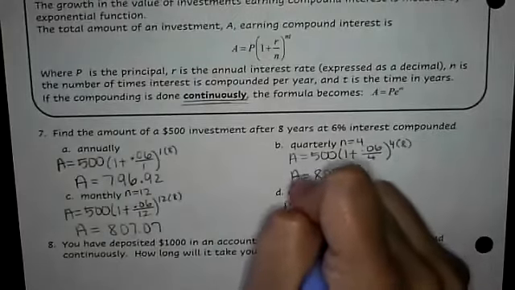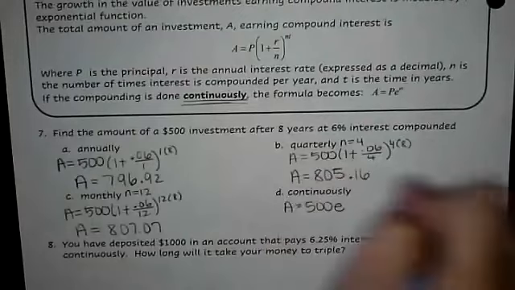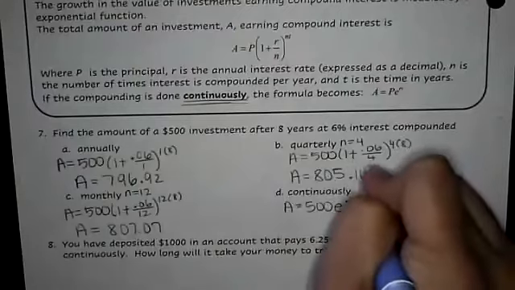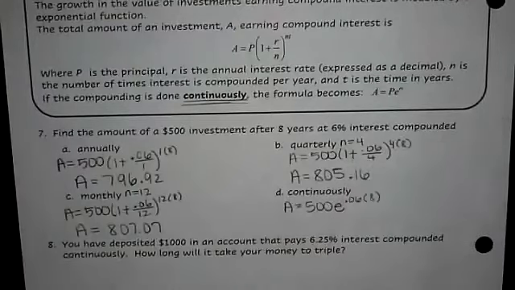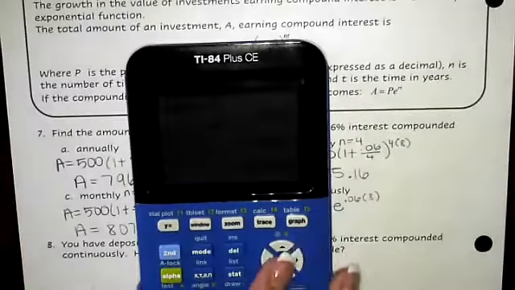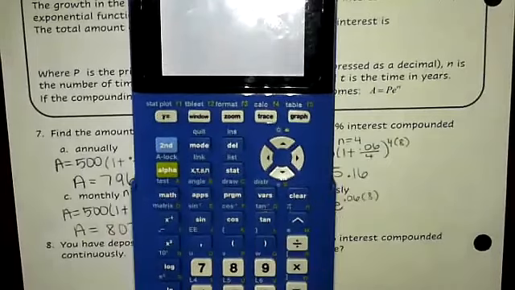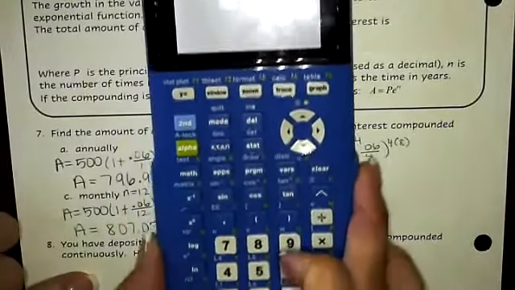So we get our amount is equal to 500 e, which is a number, raised to the 0.06, which is the rate, times time, which is the 8 years. When you put this in the calculator, let me clear my screen here. We're going to hit 500, and then we want the e. And so you've got 2 choices.